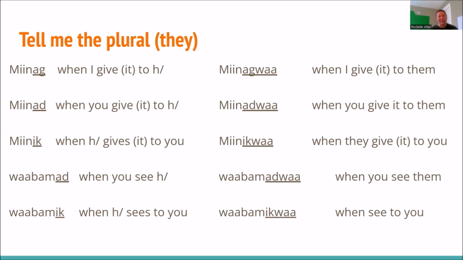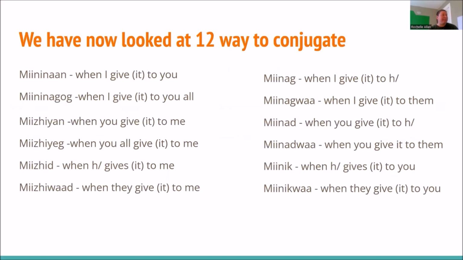So that was very helpful because I had been misunderstanding other things before, assuming that the WAG was a VAI. So we've looked at 12 ways already to conjugate the conjunct endings.